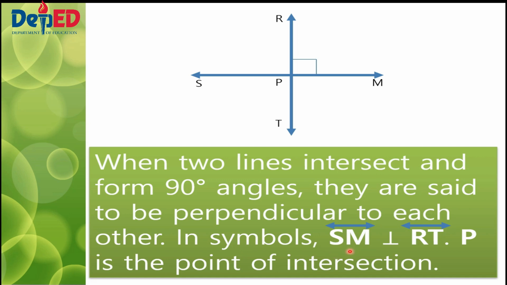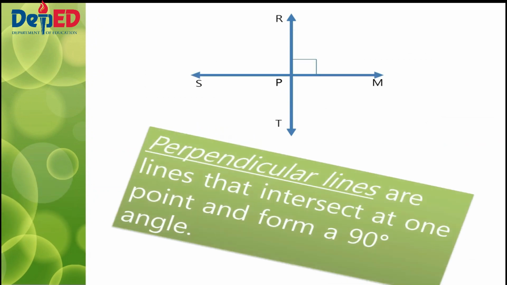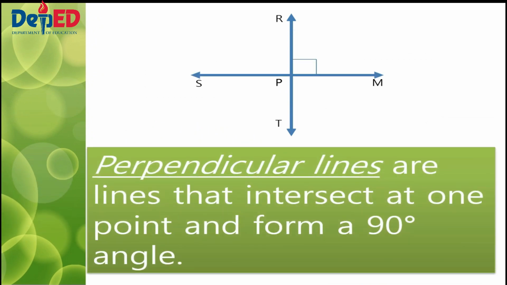In symbols, line SM is perpendicular to line RT, and P is the point of intersection. Perpendicular lines are lines that intersect at one point and form a 90-degree angle.